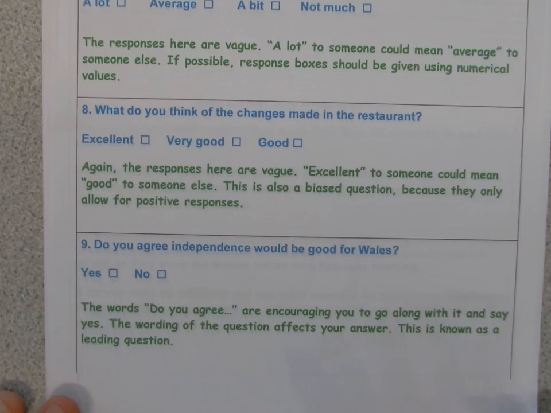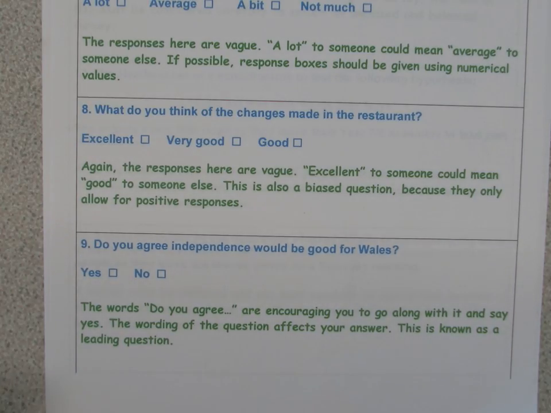Number 9, it says, do you agree independence would be good for Wales? Notice the words there, do you agree? It's almost enticing you, isn't it? It's encouraging you to say yes. That's a bad question. It really is a bad question when it says, do you agree? It should be saying, do you think? Do you think independence would be good for Wales?